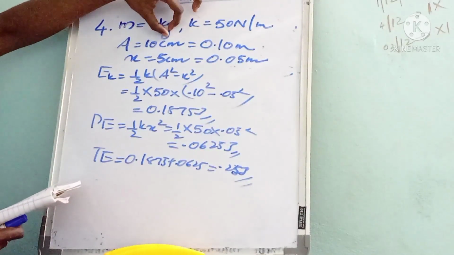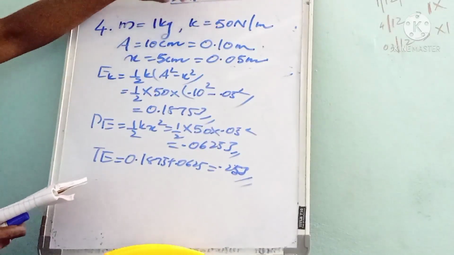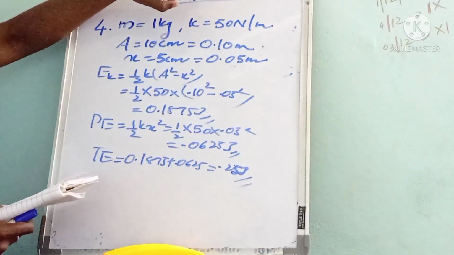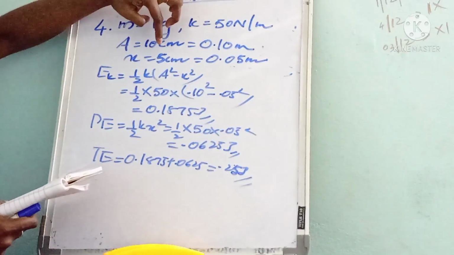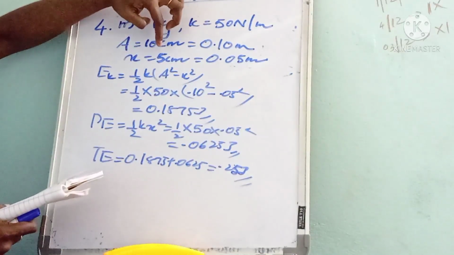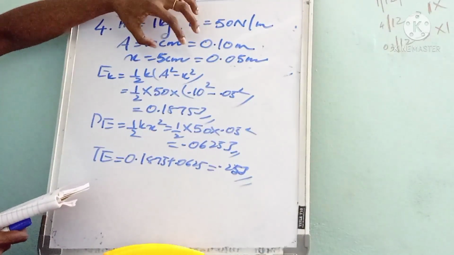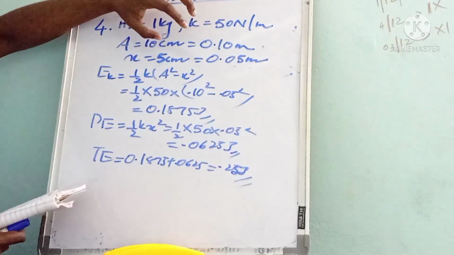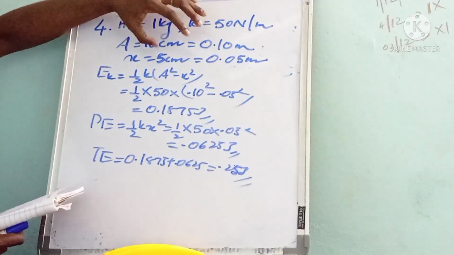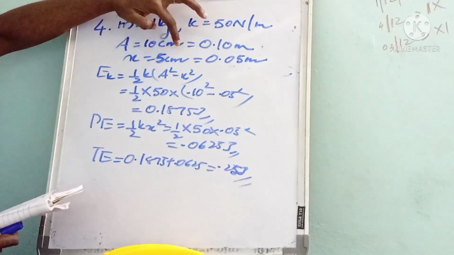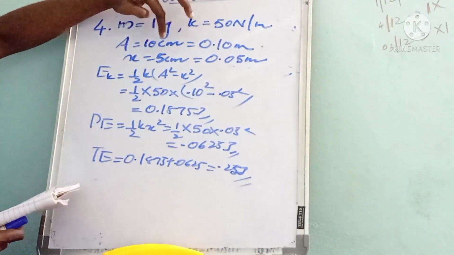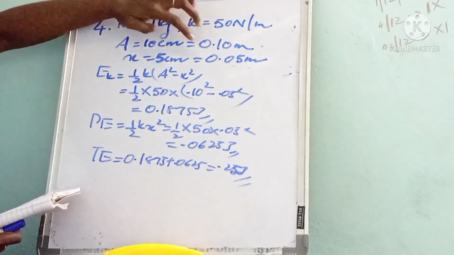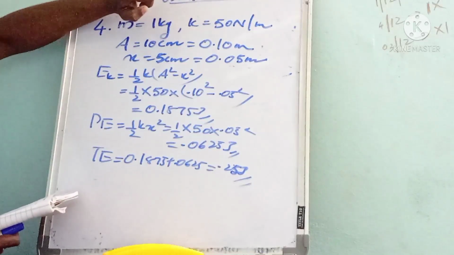A is equal to 10 centimeter, which is equal to 0.10 meter. We have to calculate the kinetic energy, potential energy, and total energy of the block when it is at a distance of 5 centimeter from the mean position.